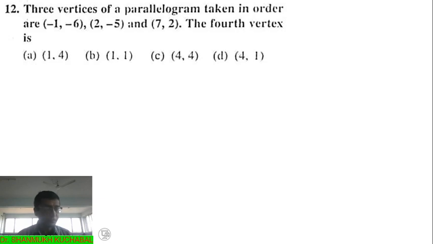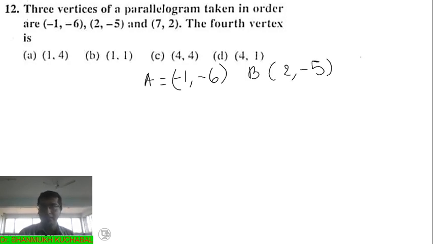Next, example number 12. 3 vertices of a parallelogram taken in order are, we will take A equal to (-1, -6), B equal to (2, -5), C equal to (7, 2).